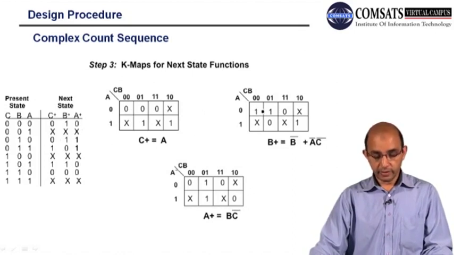And here again we have to perform the same sort of mapping for B plus, right, and this is A plus, right? So you can see that we have A, C, B. So this is A on the vertical column, and in the row we have CB, right?